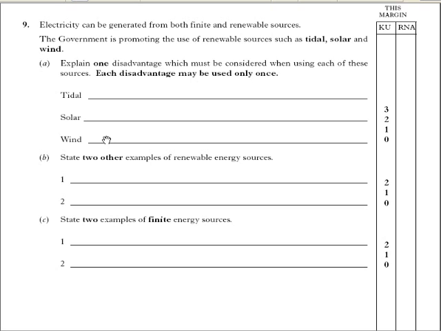Wind: it's not always windy, there might be bird strikes. State two other examples of renewable energy sources: geothermal and biomass. State two examples of finite energy sources. The finite ones are things that will run out. We're talking about coal, peat and oil.